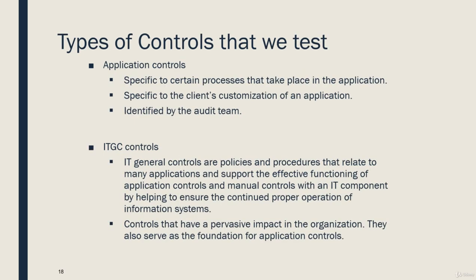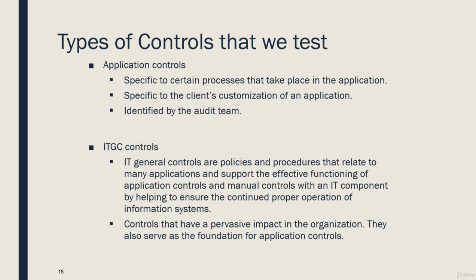Let's talk about the types of controls that we test. There are two broad categories of controls: IT general controls, or some people may call them general IT controls, and application controls. Application controls are specific to certain business processes that occur in an application, and they are typically based on the client's customization of an application.